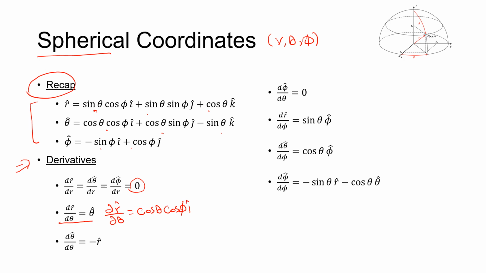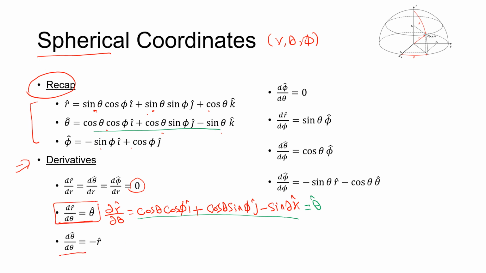Plus another sine theta, which also brings a cosine theta. Sine phi is just a constant in the j direction. Cosine becomes minus sine theta in the k direction. If you compare carefully this term with this term, they are equal. So this brings theta, and this one is now proved.